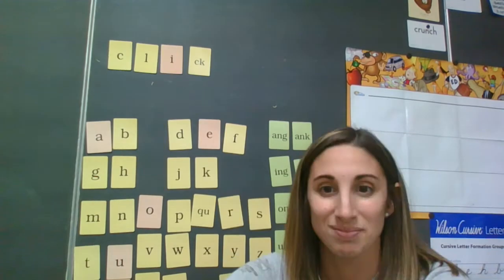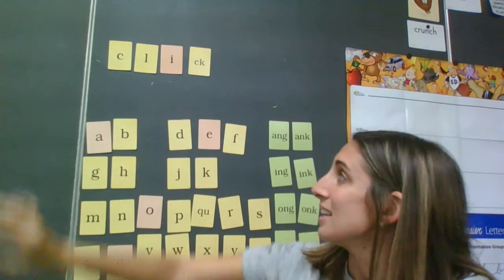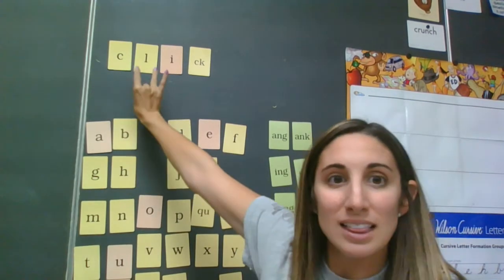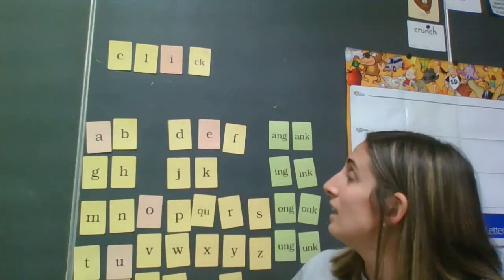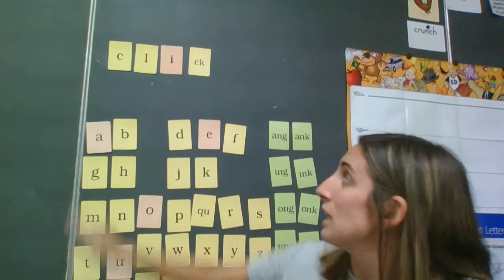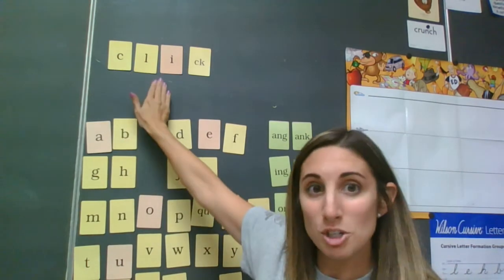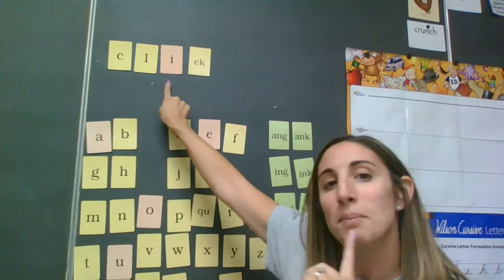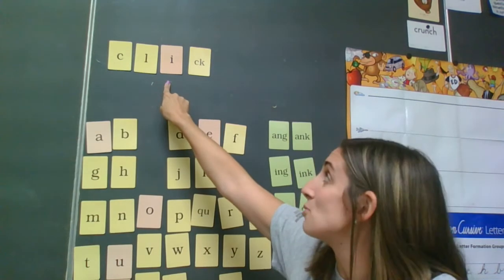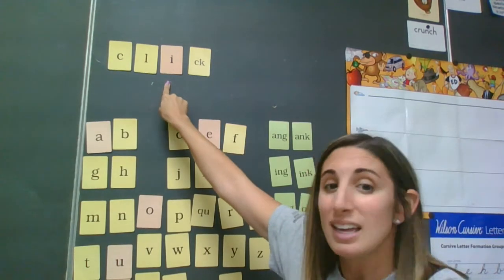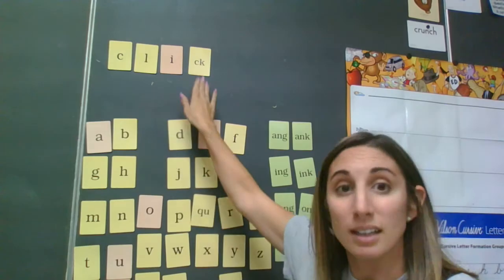Okay, one more word for us to practice. Okay, here it is. Let's tap it. Ready? Click. Very good. So here we have a blend, we have our short vowel. And remember, at the beginning, when we were doing our drill sounds warm up, there were 3 cards that made the k sound.